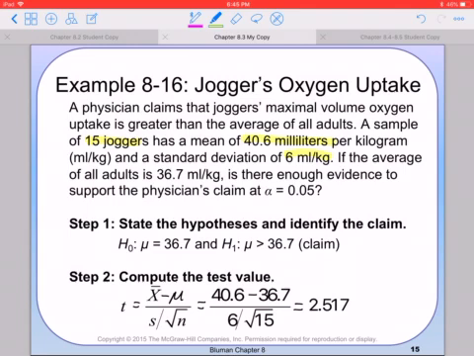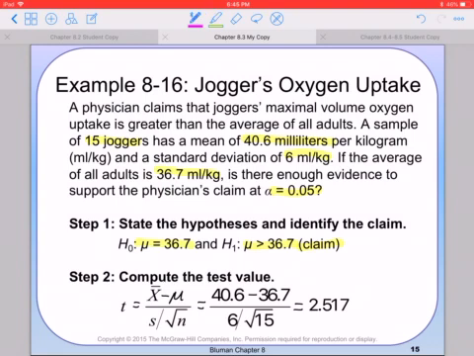If the average of all adults is 36.7, is there enough evidence to support the physician's claim at alpha equals 0.05? The null hypothesis is that the average is 36.7 for the whole population, and they want to know if it's greater than that, and that's the claim.